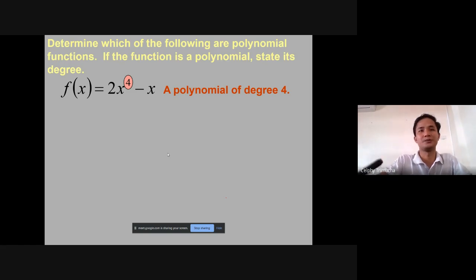Next one, what if we are given g of x equals 2? Is this a polynomial or not?